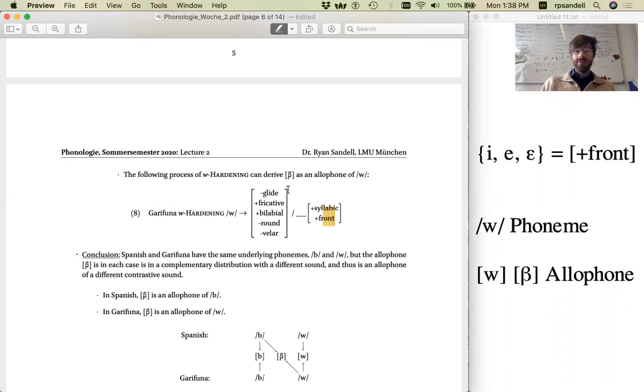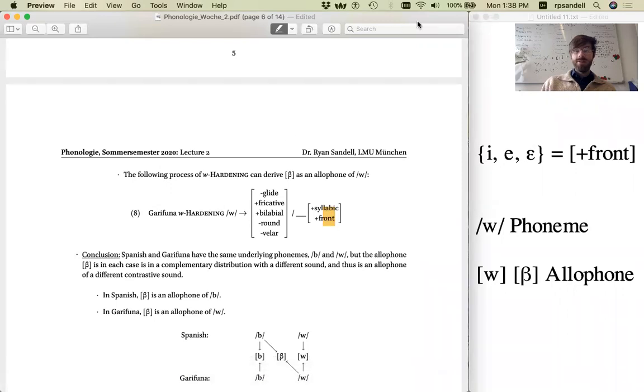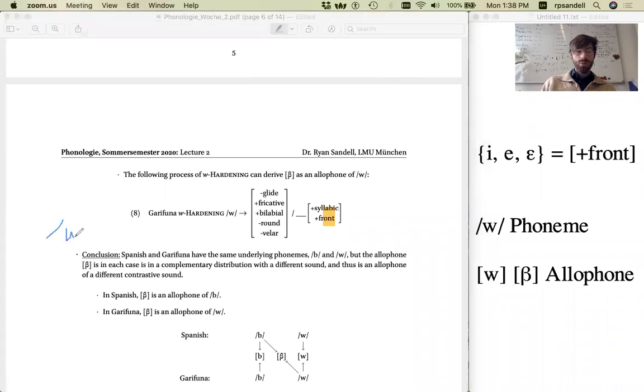And this occurs in the context of a front vowel. We could represent this by this featural change, but it would also be completely fine in this case to represent the rule in a more simple way, namely to say that an underlying wa is transformed into a bilabial fricative va in this context.